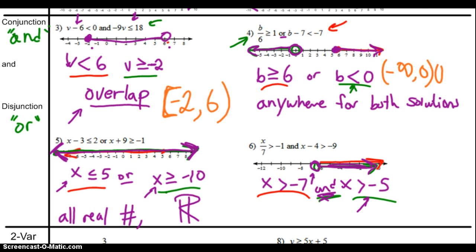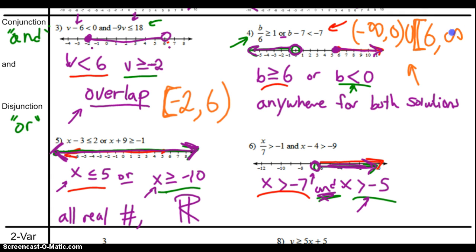union. Sorry, I had to move everything up here for more room. So anyway, -infinity to 0, union, that's a little u, and then the other set, which will be hard bracket, 6 to infinity. So if I wrote that a little cleaner, it's -infinity to 0, union, 6 to infinity, if you couldn't read that before.